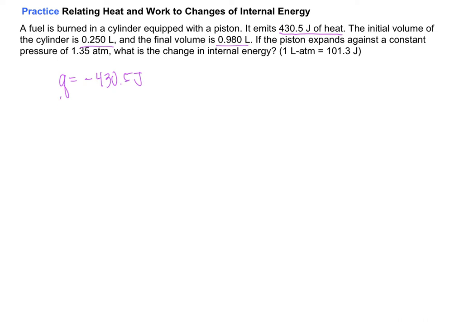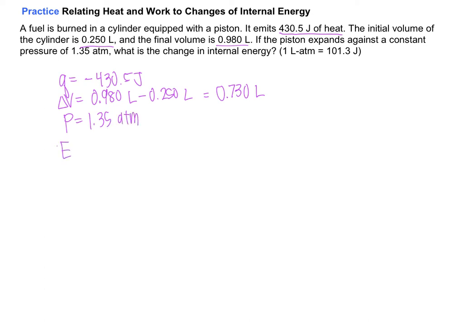So I can calculate delta V, which is final minus initial. So 0.980 liters minus 0.250 liters, which gives us 0.730 liters. And the piston expands against a constant pressure, so our pressure equals 1.35 atmospheres.